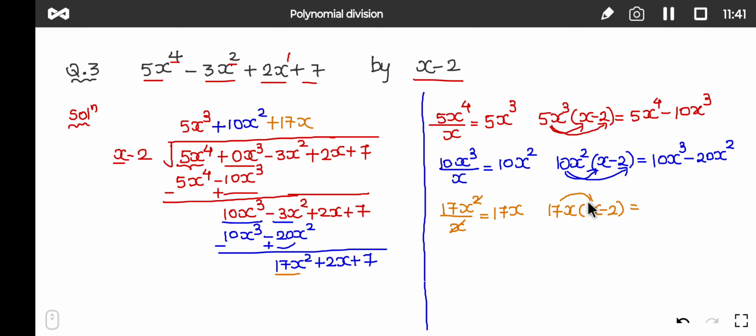So 17x into x, which is 17x square, then minus 17x into 2. So 17 into 2, which is 34, and x is also there, so 34x. Okay, so 17x square minus 34x. Change the sign, so minus, and this become plus.